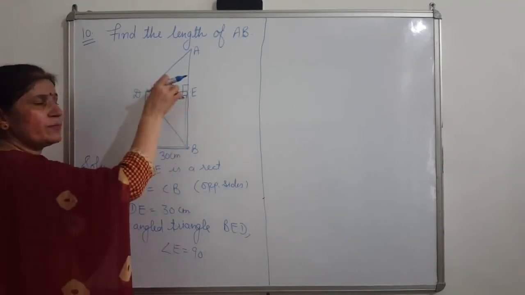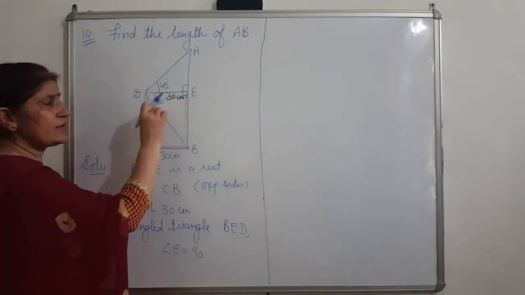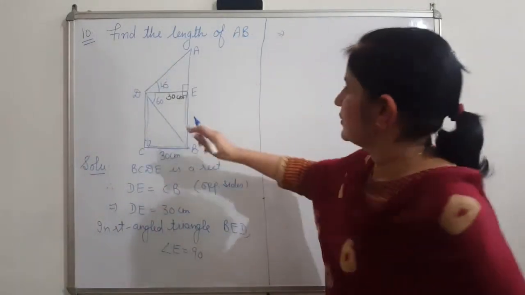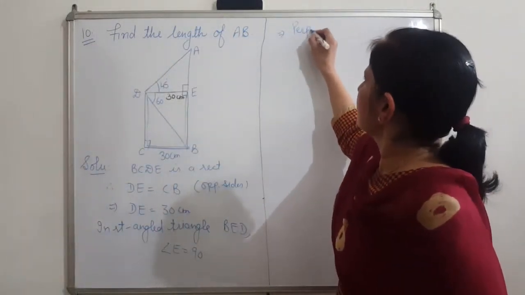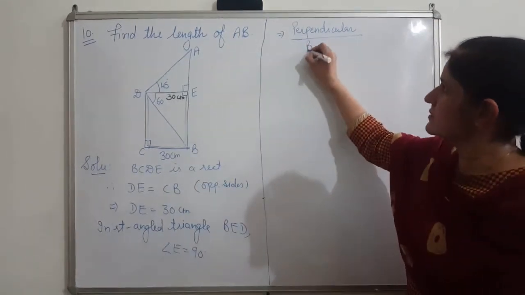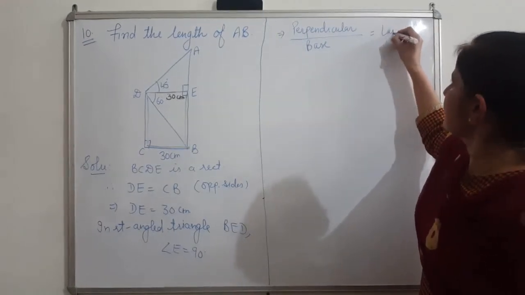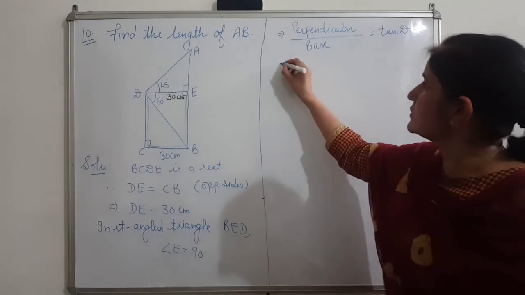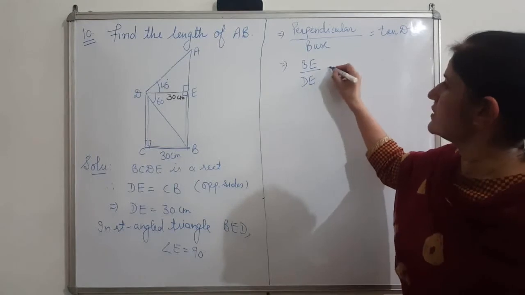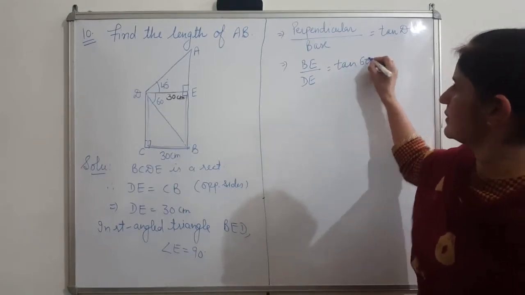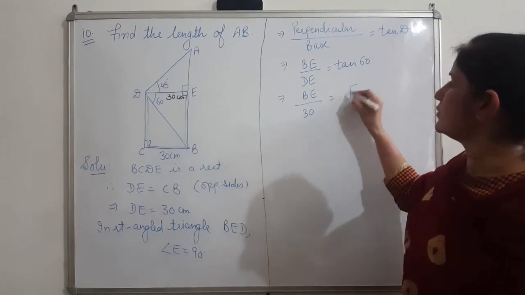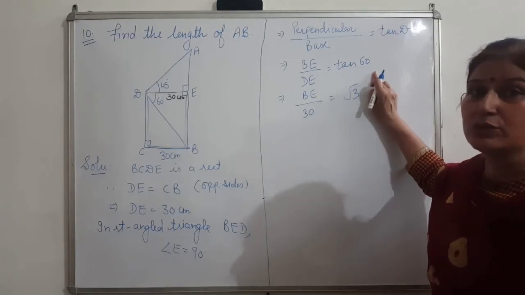So, perpendicular over base, we will take ratio of these two sides, which is equal to tangent angle D. So, perpendicular over base equals tangent D. Now we substitute values. Perpendicular is BE, base DE equals tangent 60. BE upon 30 is equal to root 3 because tangent 60 value is root 3.